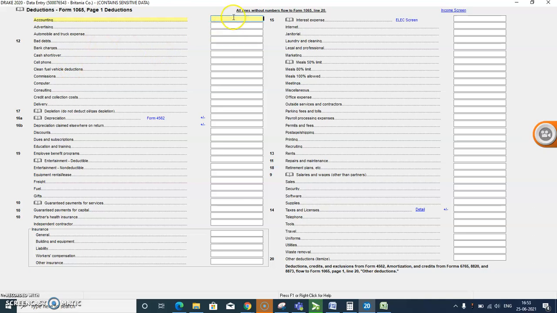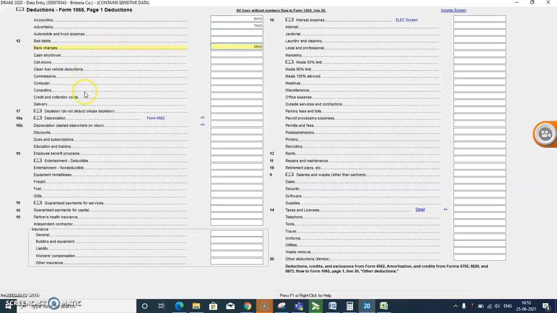In the accounting segment, we have $5,000. For advertisement is $7,000. Now bank charges $2,500.